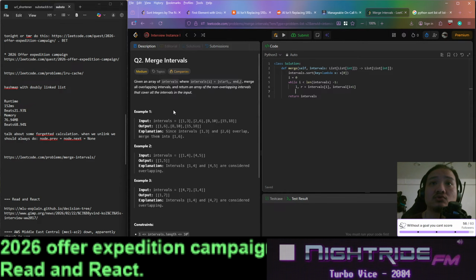So now, is it inclusive? Because we sorted them, the left side is always going to be either the same or greater, right? For example, 1, 3 and 2, 6 here.